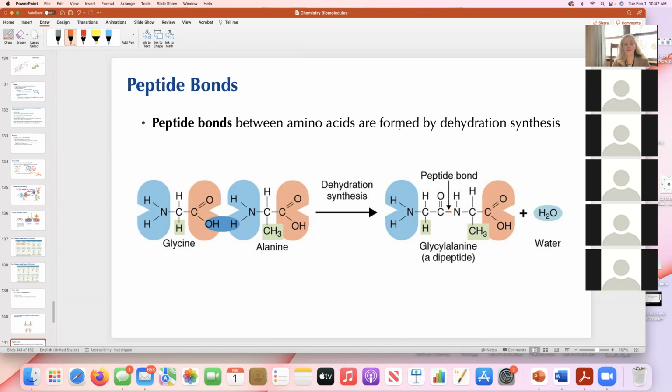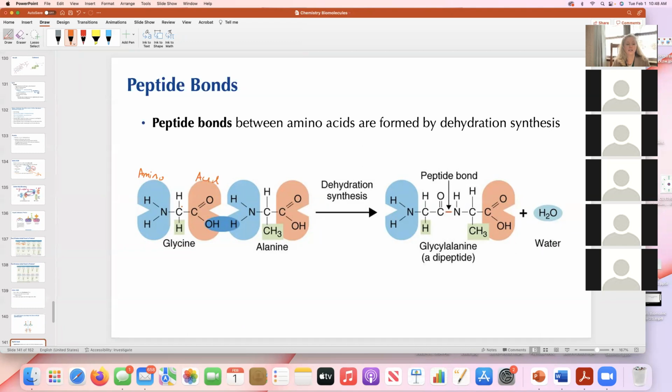So going back here to our peptide bond, being able to recognize the amino end of the amino acid. Remember, it's called amino acid because here's the amino group. It looks like ammonia, amino, and here is the acid group. Okay.